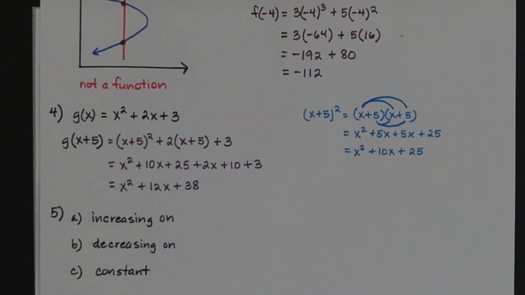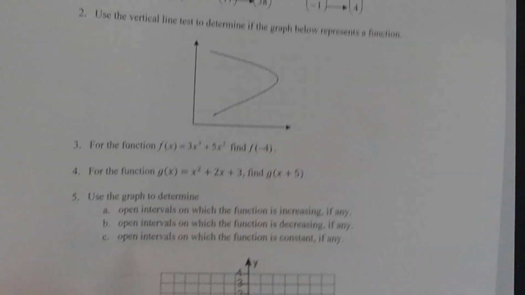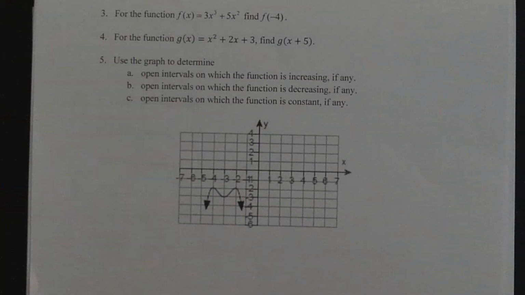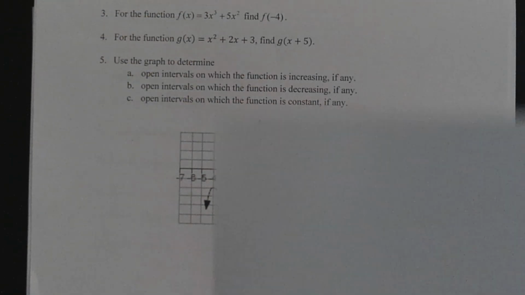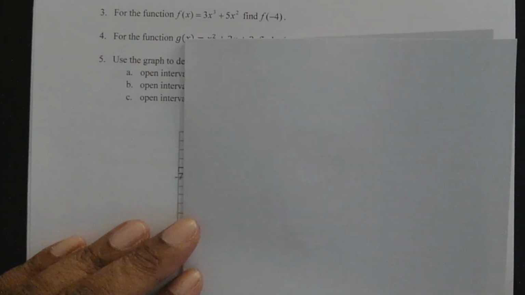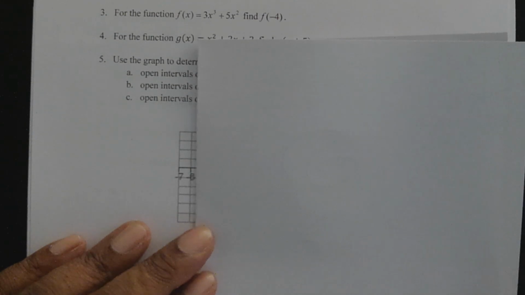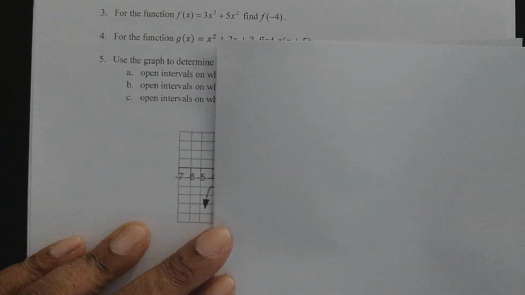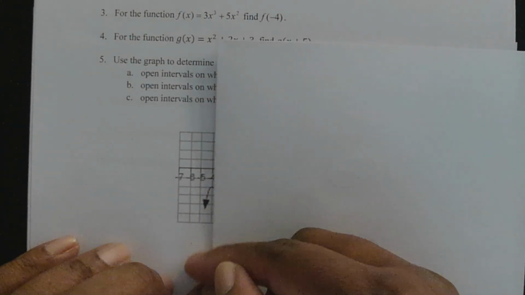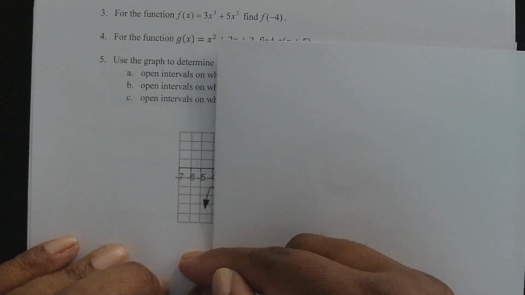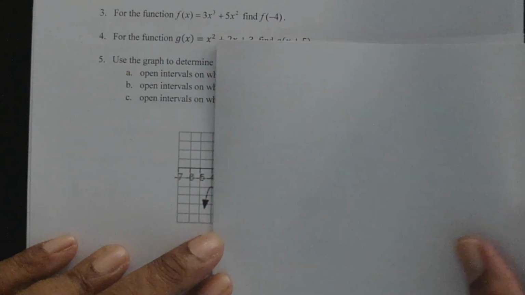Okay. So sometimes it does help to cover the graph with a piece of paper and move it from left to right to see the intervals on which it is increasing or decreasing. Now, when we do that, we only use the x values, not the y's, just the x. So if I cover this graph and move it from left to right, that arrow tells me it's going downward indefinitely to the left, so that's got to be negative infinity.